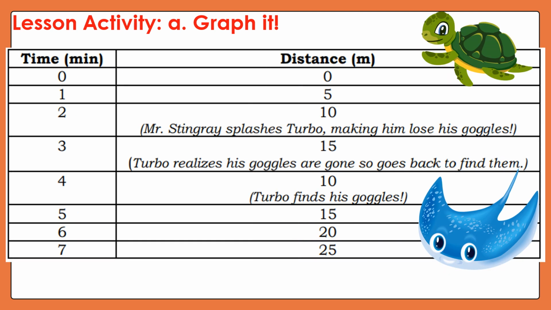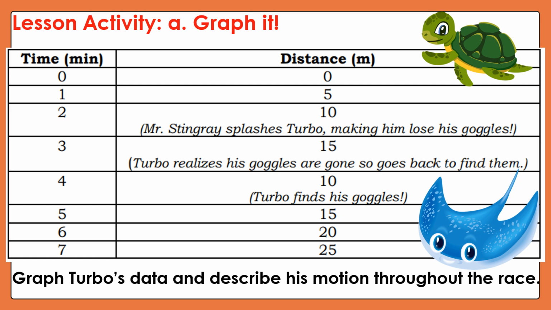And here is the table for Turbo's data and describe his motion throughout the race. So first column, we have time, and second column, we have distance.